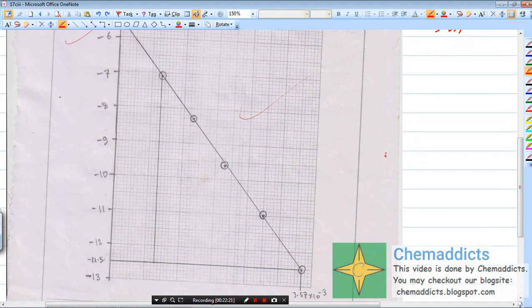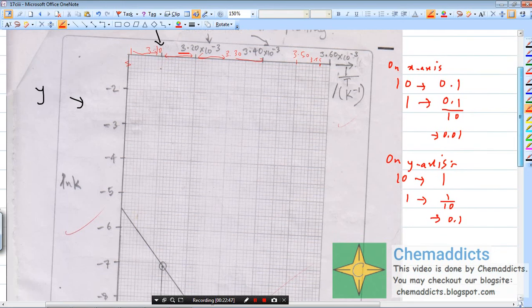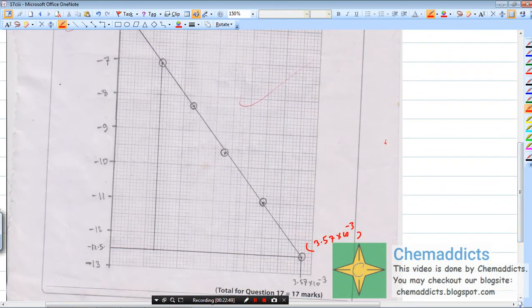So this point is 3.57 times 10 to the power minus 3. We have calculated from the x-axis. We have just taken the point here, this is the 3.57, and we have gone straight downward to find the point over here.